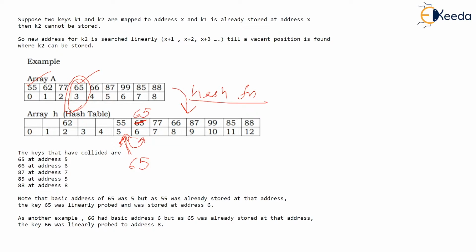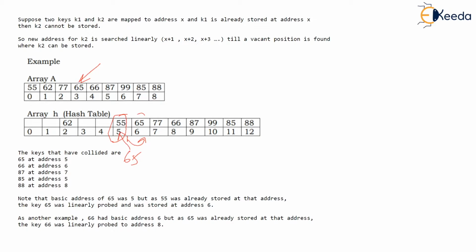Now, watch this. What really happened in linear probing? This will be very easy for you to understand. Look, 55 actually got mapped to fifth address as 55 % 10 is 5. And when we started mapping 65, 65 also got mapped to address 5. But then we linearly probed it and stored it at address 6.